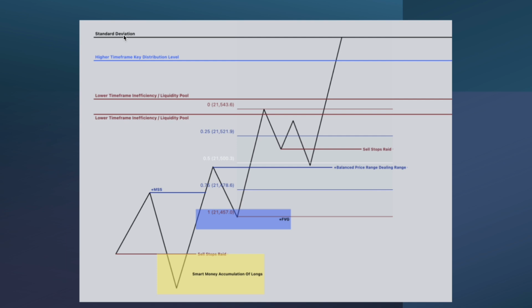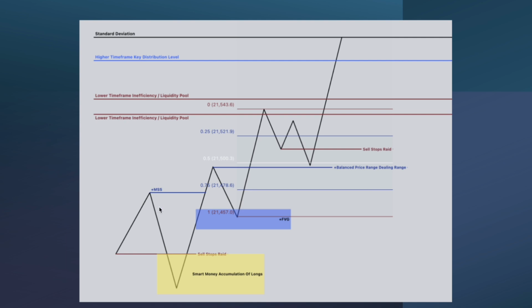And because we talked about standard deviations, let me tell you what a standard deviation is and how it is used. So if we are smart money and we understand that we like to buy at a discount, then smart money, if they want to buy at a discount, they're going to try and buy in down close candlesticks when the market goes down, right?